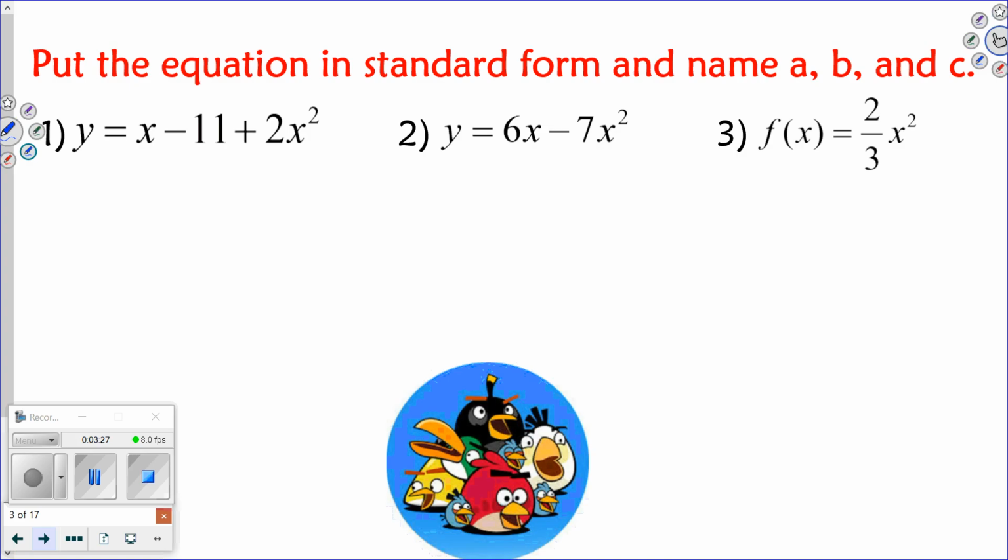All right, so we're going to baby step our way through this. Put the equation in standard form and name A, B, and C. So very first one, what order should it be in? Carson.